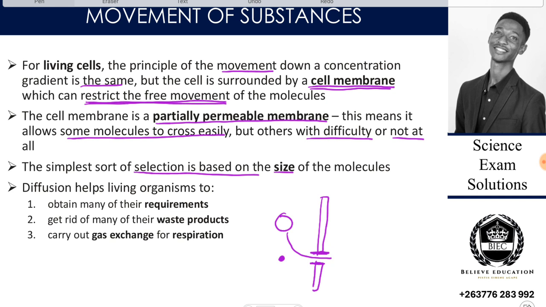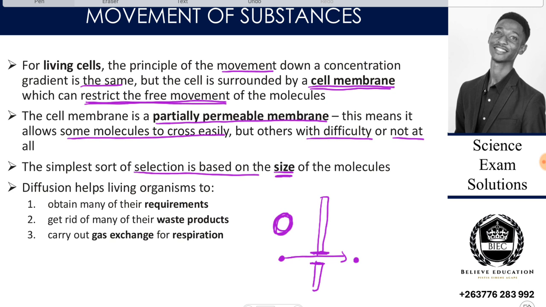Then a bigger molecule tries to pass, but it only gets as far as here. So this bigger molecule has been restricted from moving across. Why? Because of its size. So in other words, there is what? Partial permeability. Are we together?